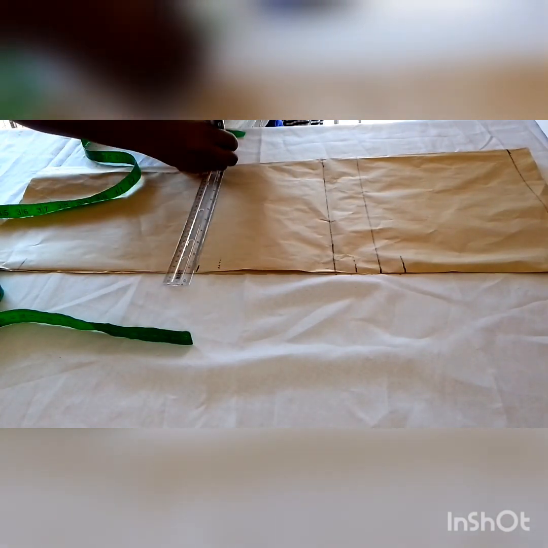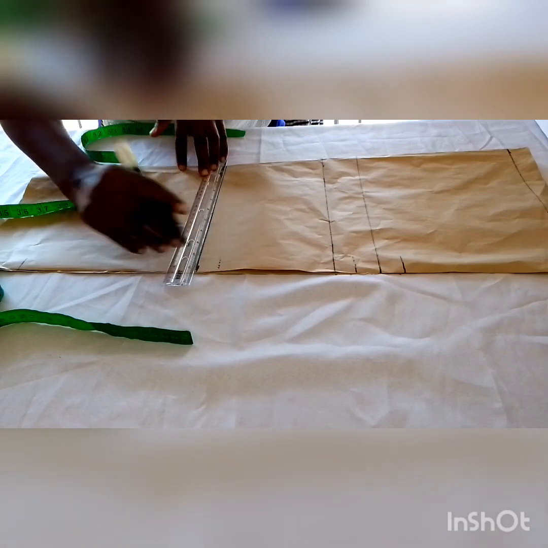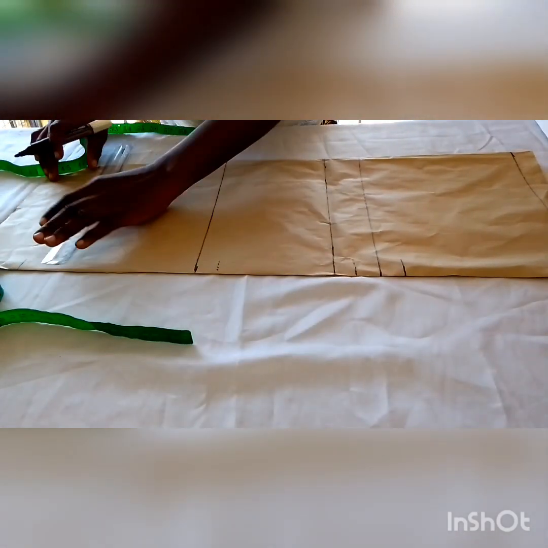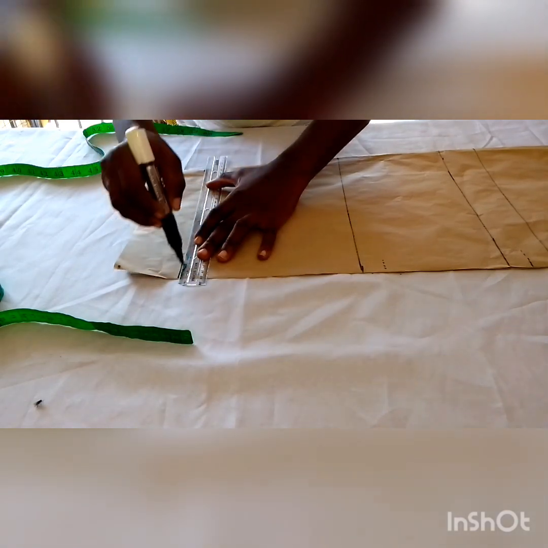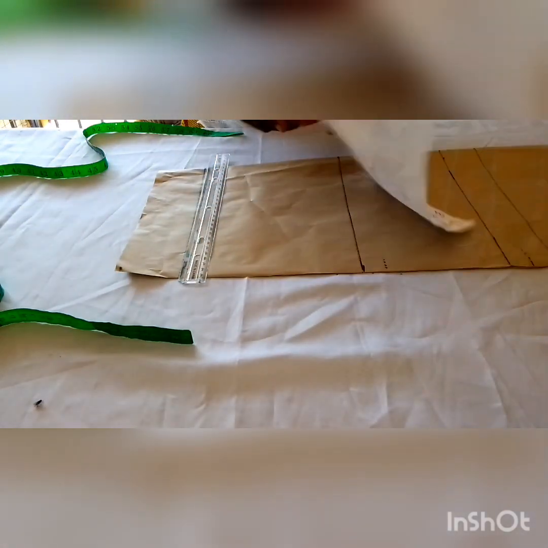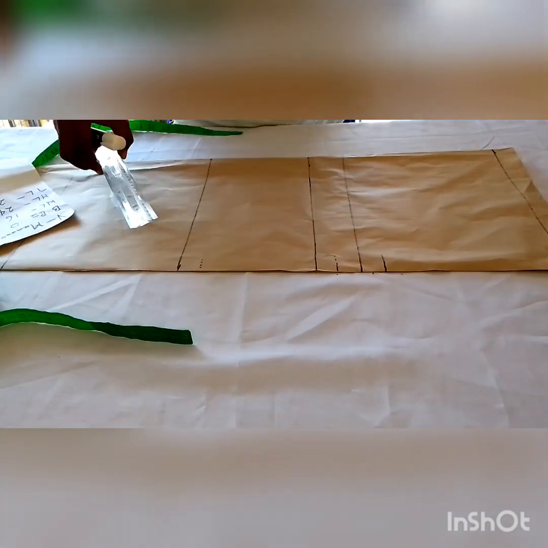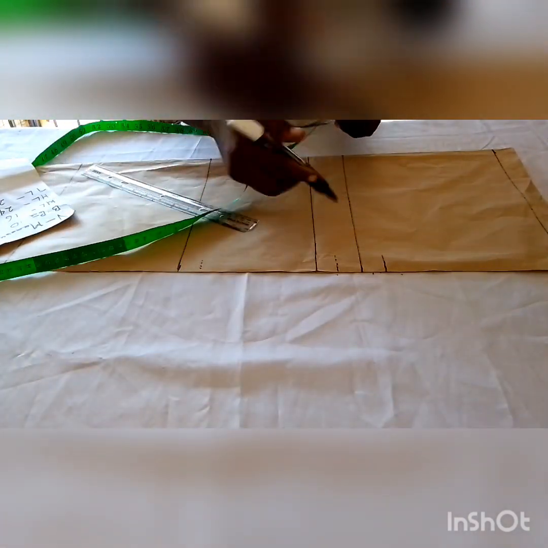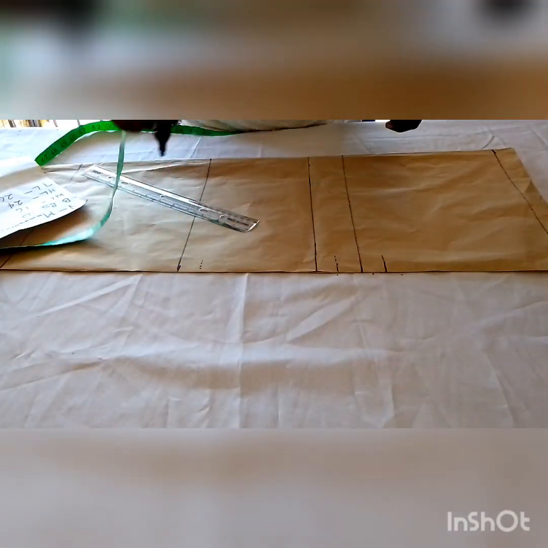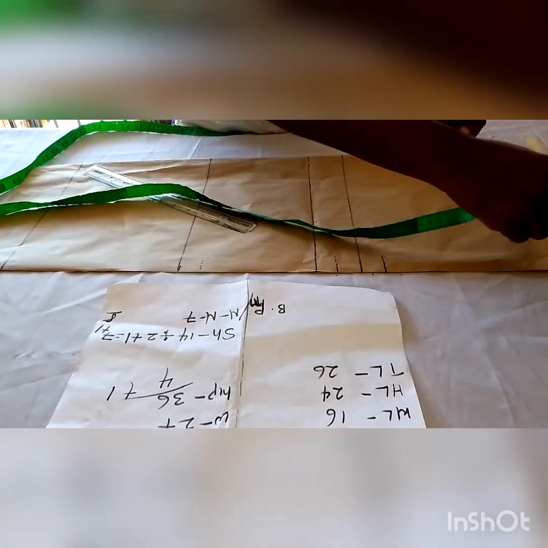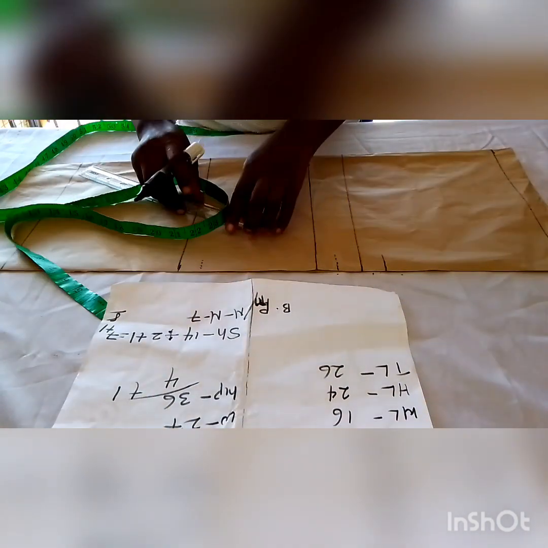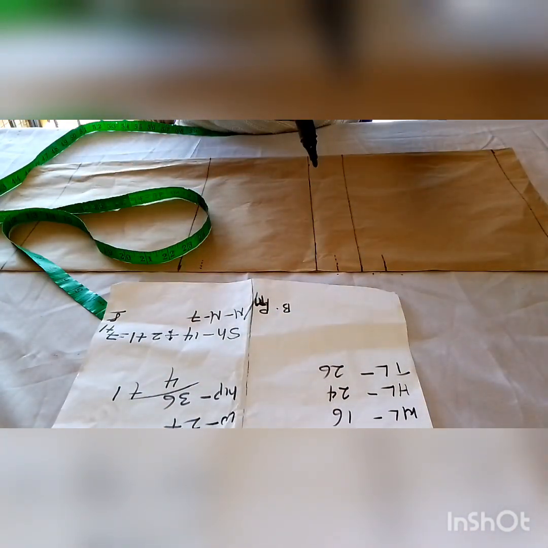Then the waistline. Then we have the hip line. That's the hip length. You take your measurement from the shoulder to the nipple, from the shoulder to the waist, from the shoulder to the hip, and from the shoulder to where the top will be. So those are your vertical measurements. I have a video of how to take measurements. Watch that to understand better.